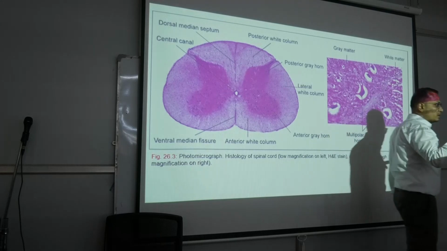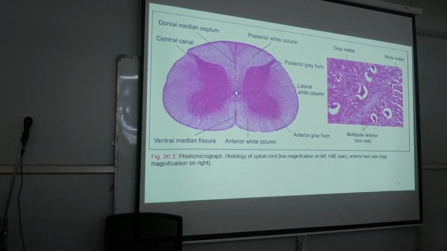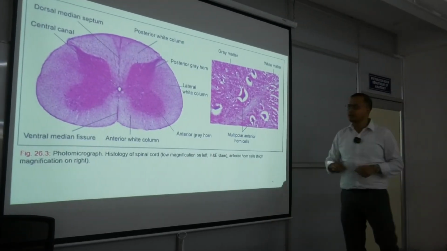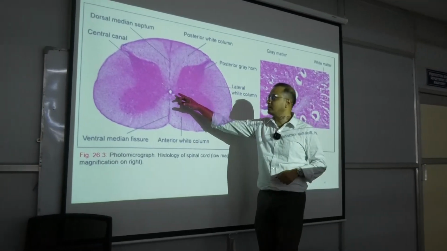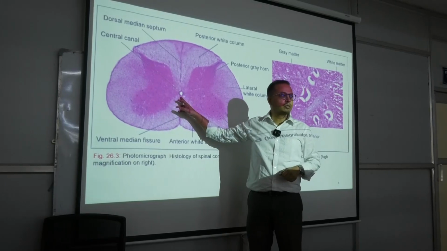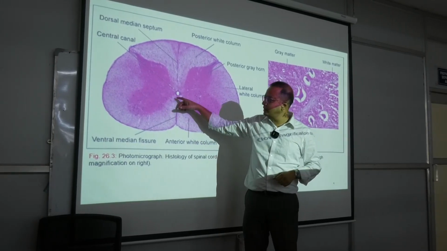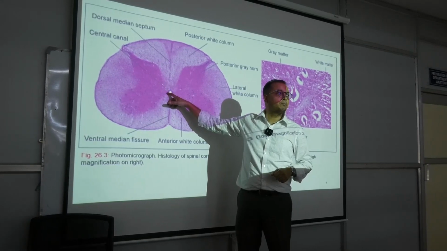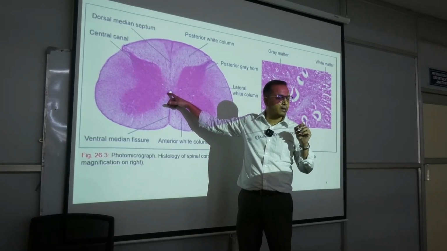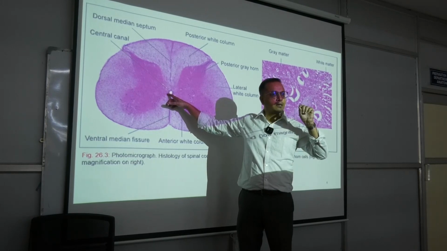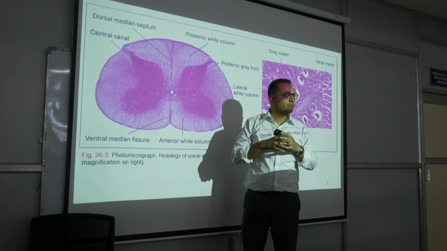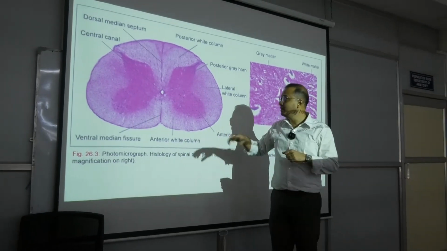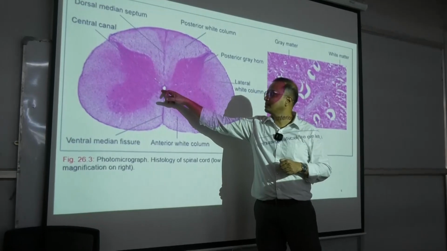So, whenever you are going to see the spinal cord, try to identify this foramen, which is known as the central canal. Surrounding the central canal is a single layer of ependymal cells, which is the hallmark to identify. Again, the central canal is not circular; it may be rhomboid or diamond shaped.